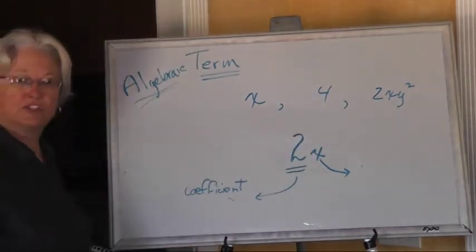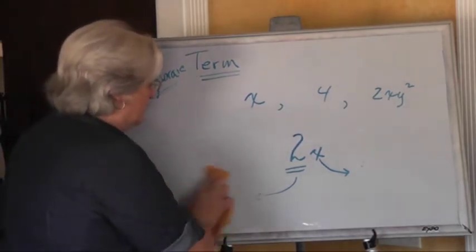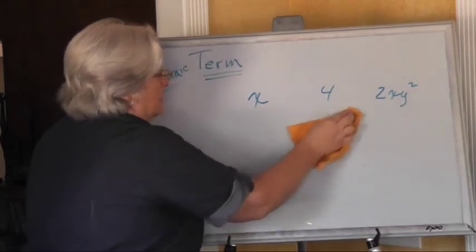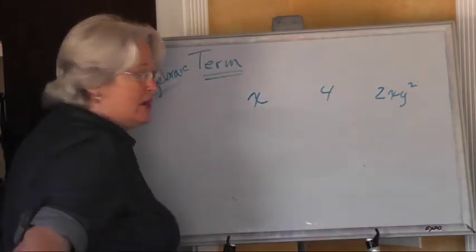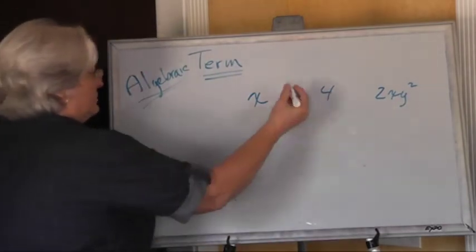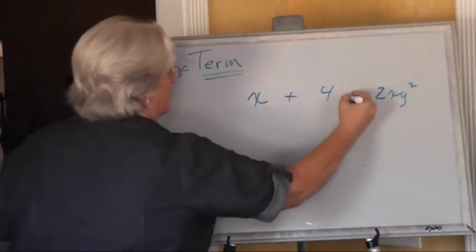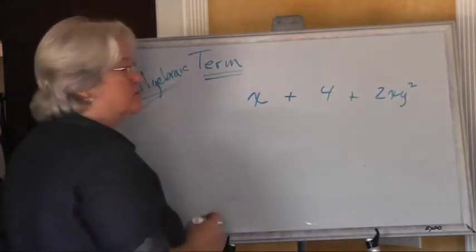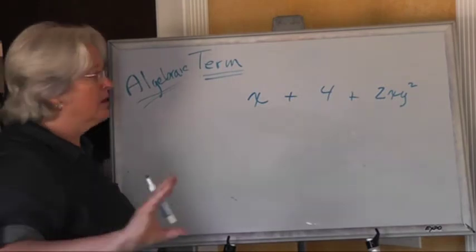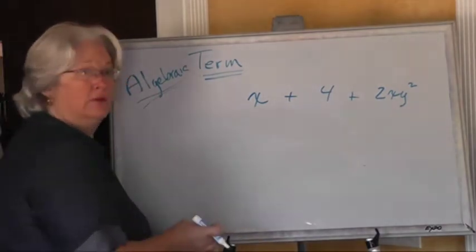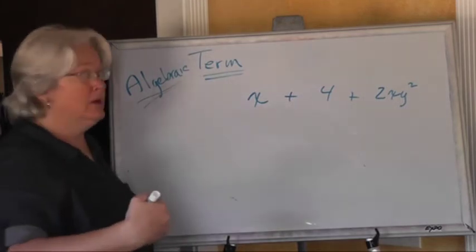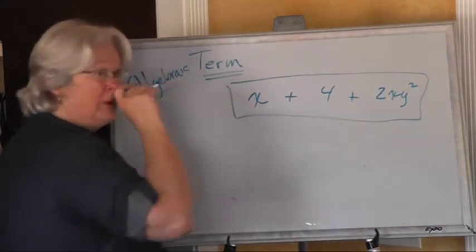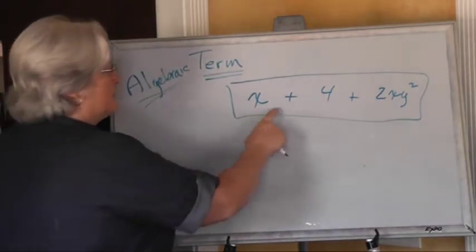We can make our sample into a polynomial if we just change these commas into addition signs. Then you have x plus 4 plus 2xy squared. That's not the order you would typically find a polynomial arranged in, but it does change this into a polynomial, because what we have here is a collection of terms.